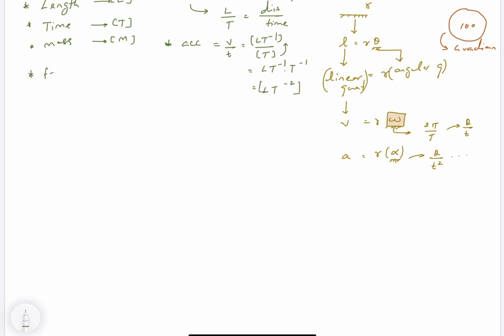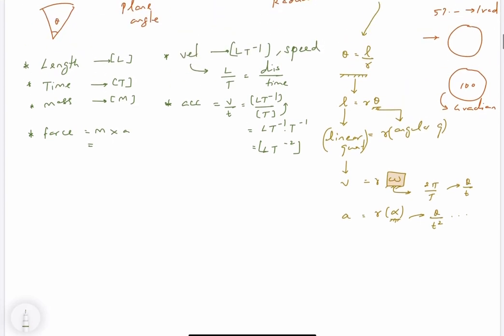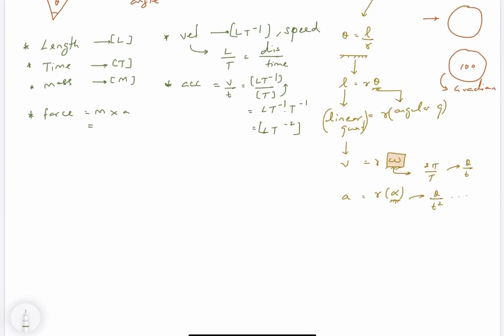What about force? It is nothing but mass into acceleration, as you might have studied in 9th or 10th. Mass is M, acceleration we have already derived, so we'll just write it as MLT power minus 2. We're just multiplying it, so no problem.